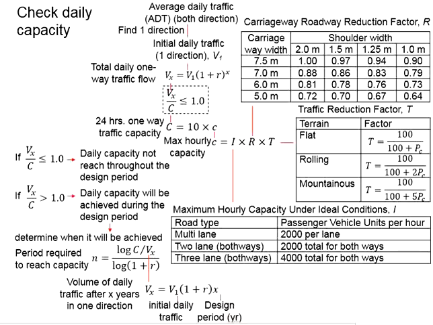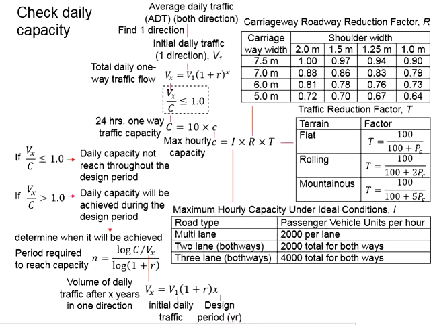What you see here, the maximum hourly capacity in one direction, is calculated on the basis of the hourly capacity under ideal conditions. However, there are other considerations, such as the width of the carriageway as well as the road shoulders. A narrower road will have a larger reduction, and this is going to reduce the hourly capacity of that particular road.